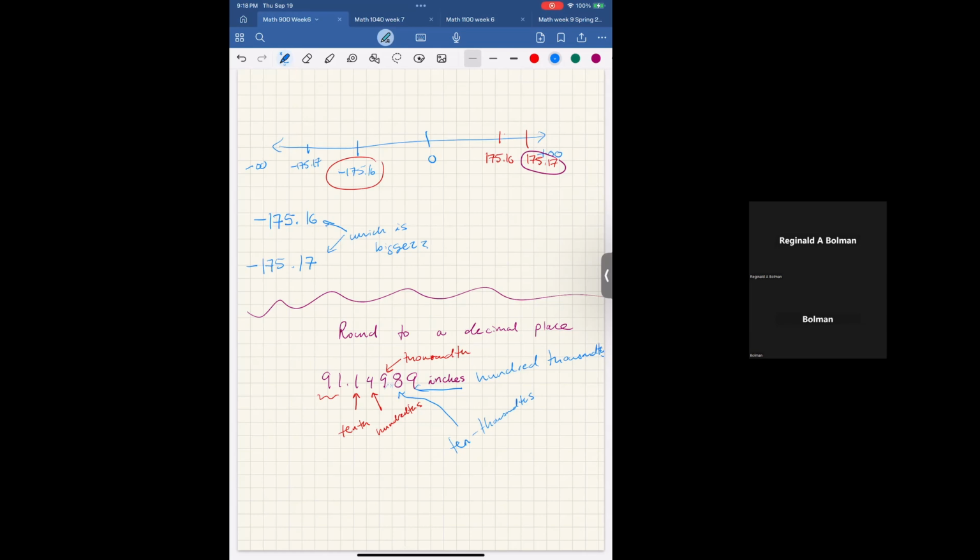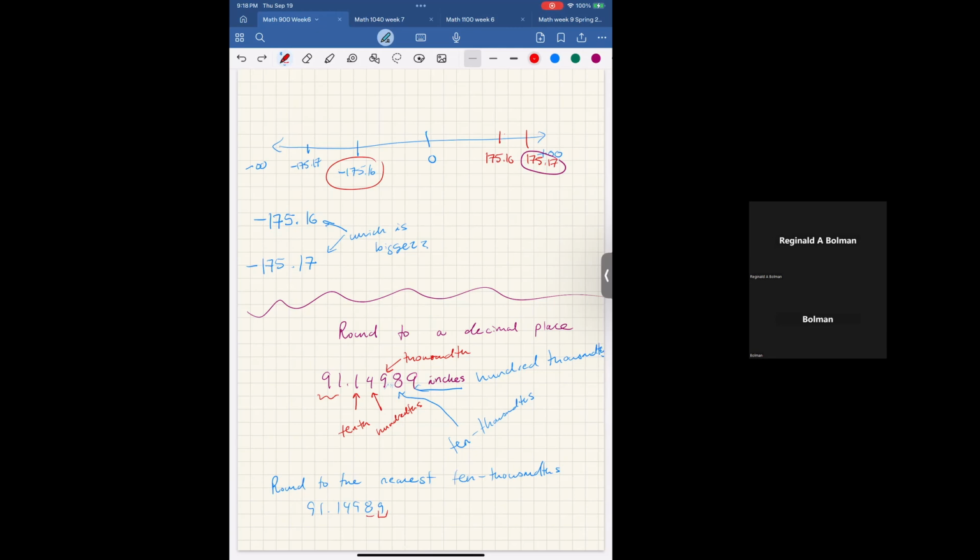So if the question told me round to the nearest 10,000ths, all I'm going to do is look to my 10 thousandths place, and then you need to look to the place that's exactly to the right, one space.